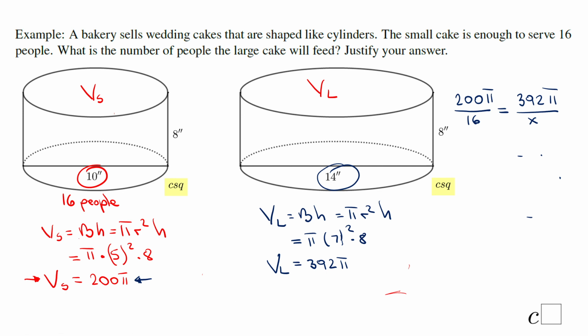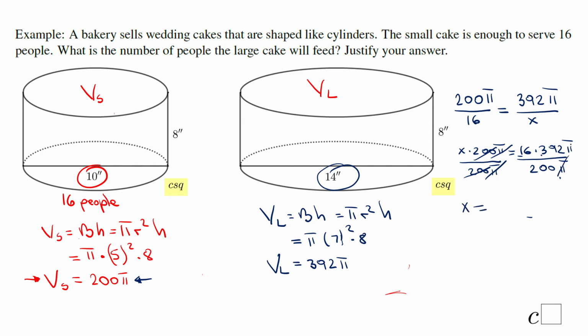let's double check. So again, it's going to be x times 200 pi equals 16 times 392 pi, divided by 200 pi, like I said before. So these 200 and these 200 cancel out, pi and pi cancel out. So we have x equals.